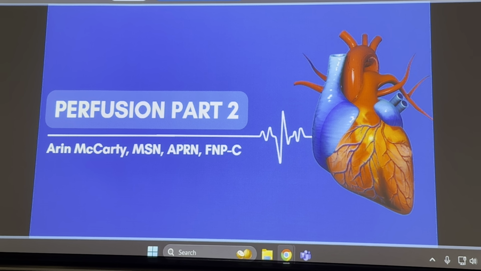And then we'll also talk about valve disorders and how they alter our perfusion, how they affect the flow of blood through our heart, and how they alter perfusion to our vital organs and to our fingers, hands, toes, that kind of stuff as well.